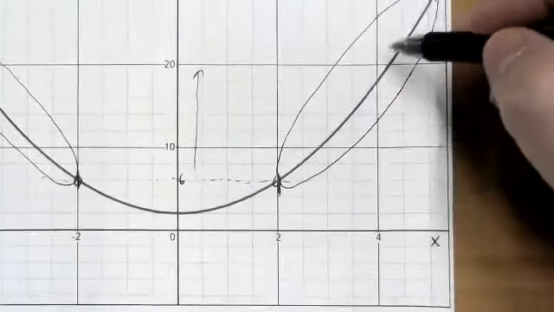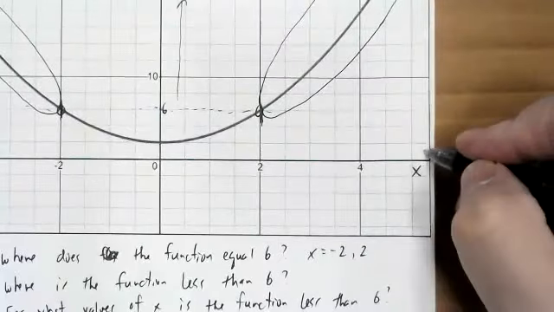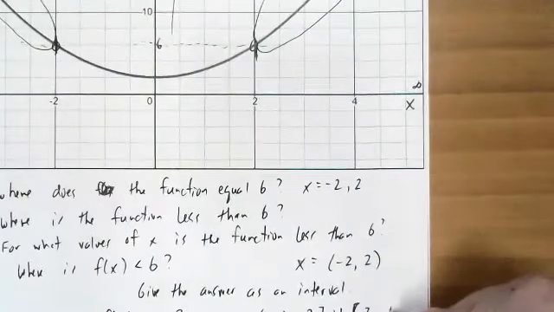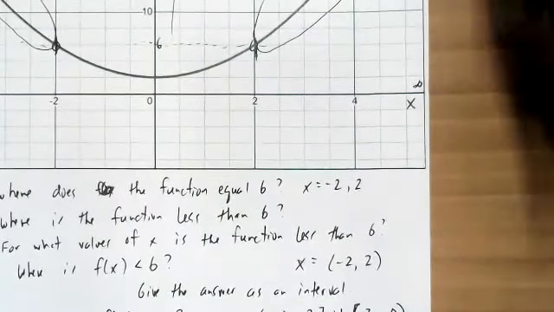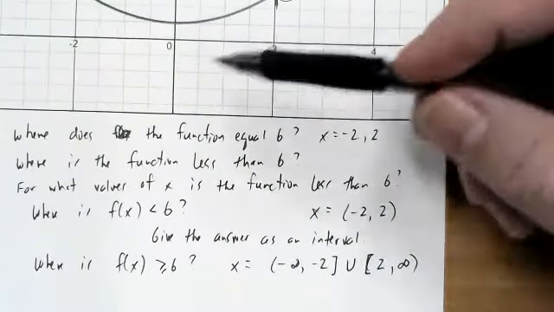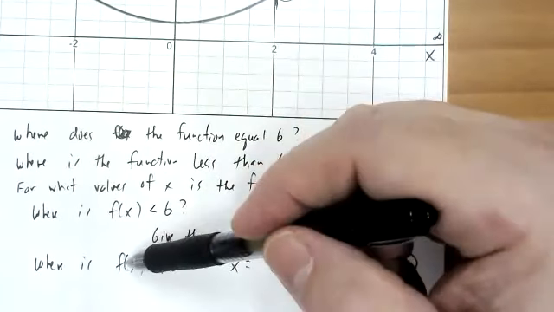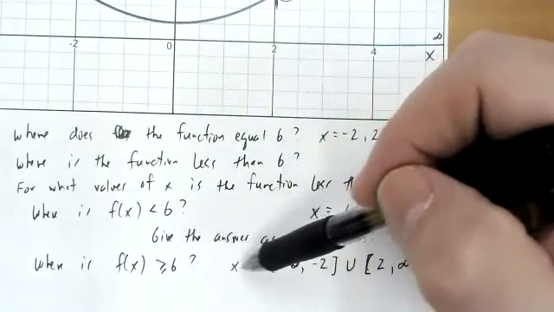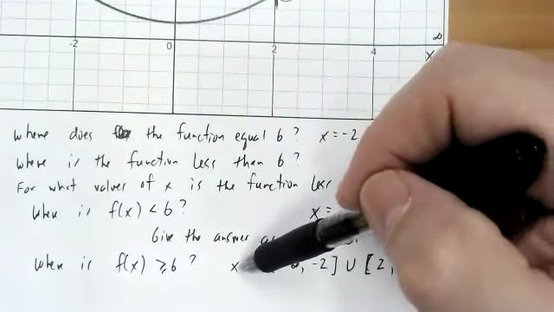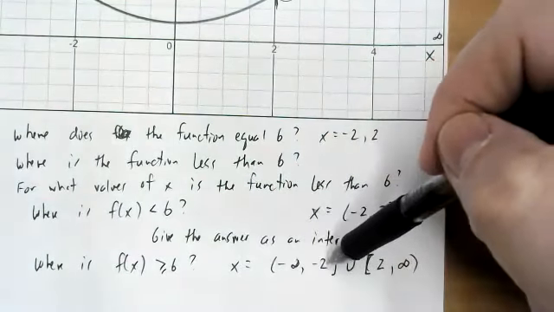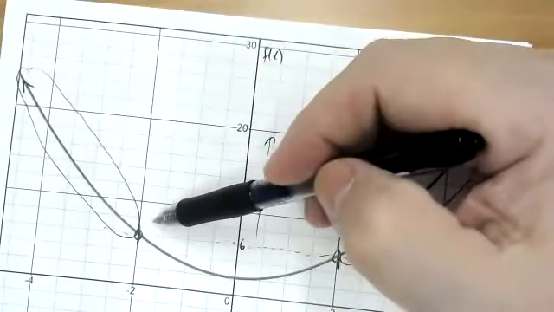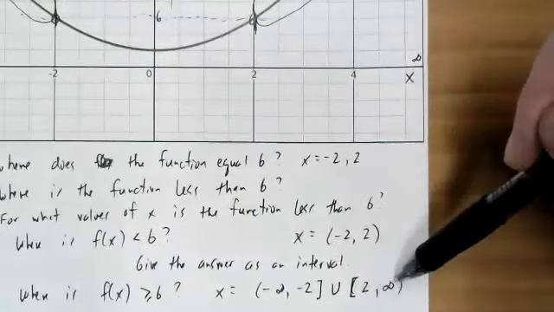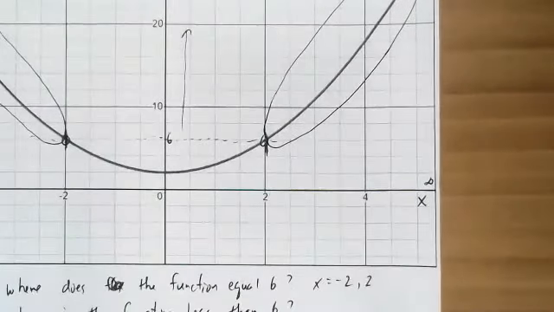And then how far does this go? Well, once again, it goes to infinity. So where is f of x greater than or equal to 6? Well, x in the interval from negative infinity to -2, which is this part of the graph here, and then from 2 to infinity, this part here.